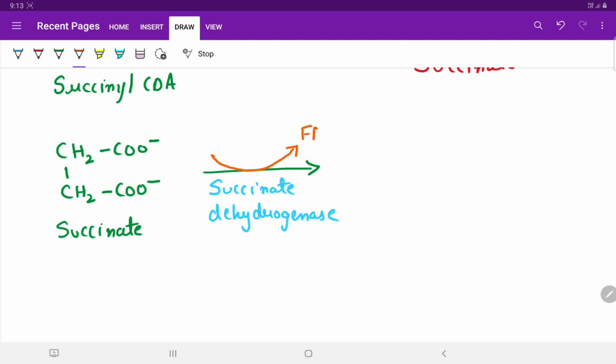So you have to remember this. In this, a FADH2 molecule is formed that gives rise to fumarate.